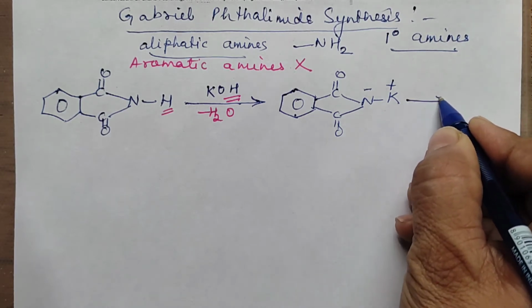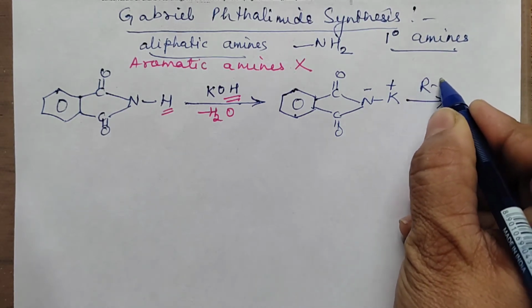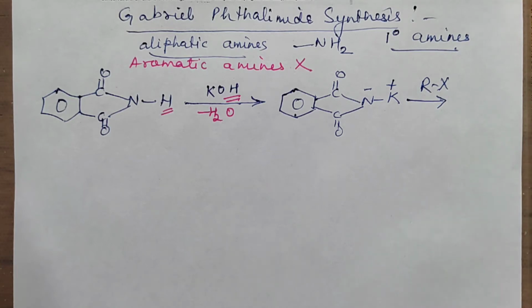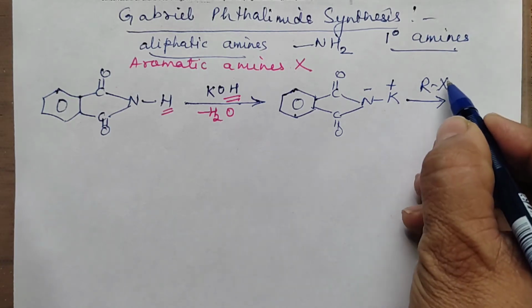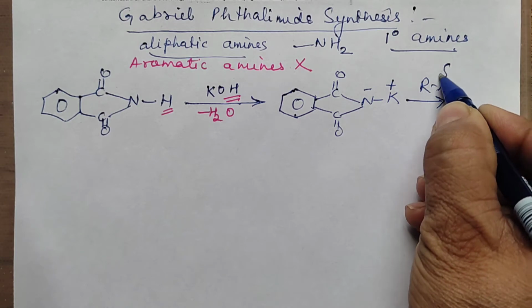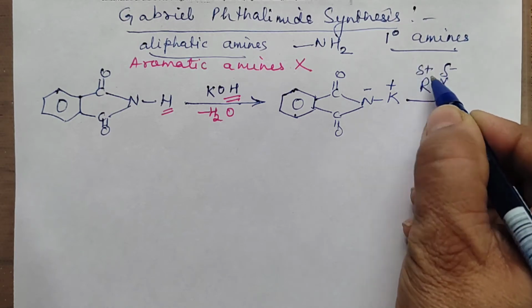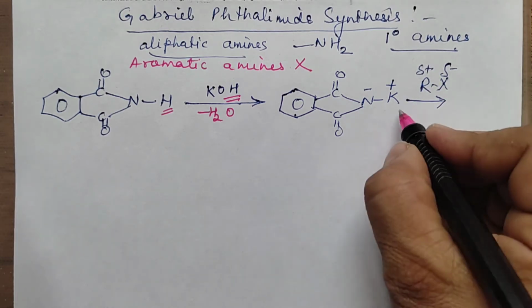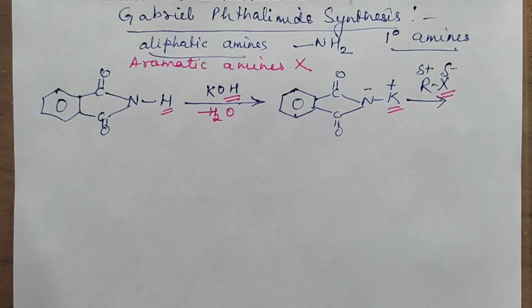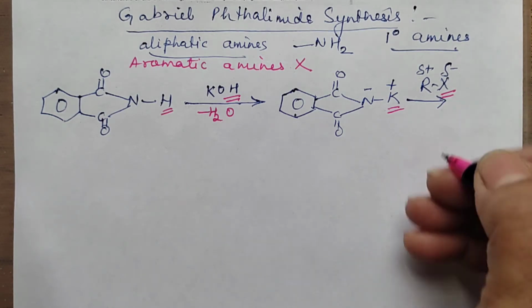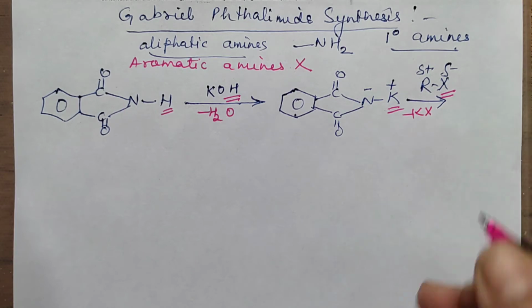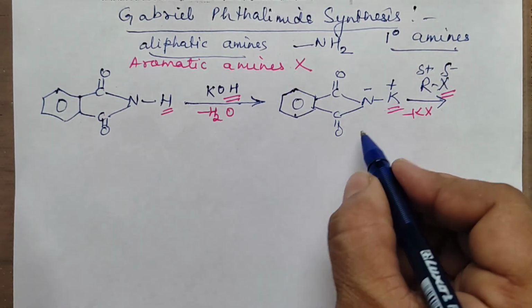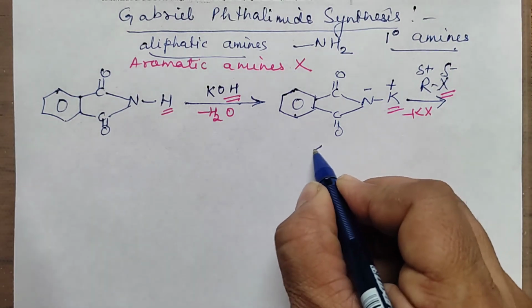Now there is a reaction with alkyl halide, that is RX. Obviously this is negative and this is positive, so K and X will come out as KX. You will remove this KX, and then R gets attached over here.